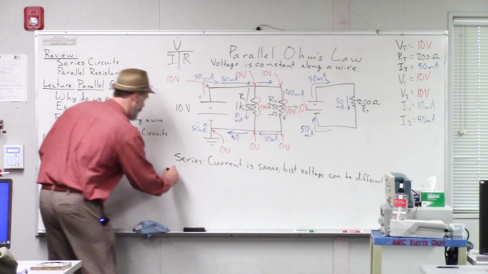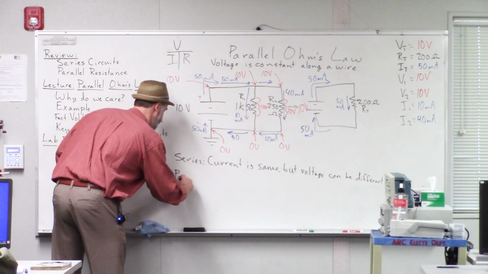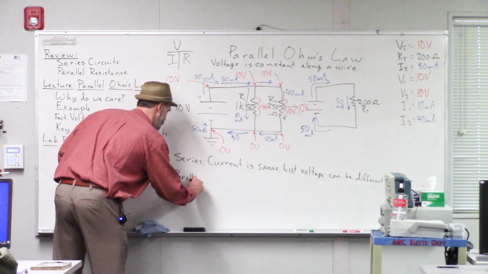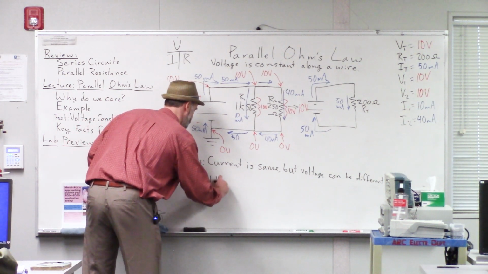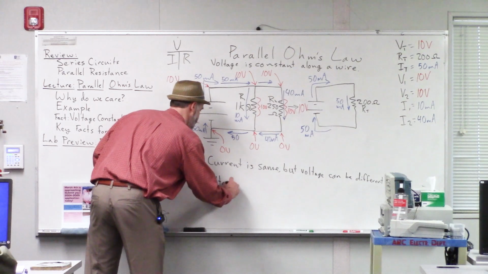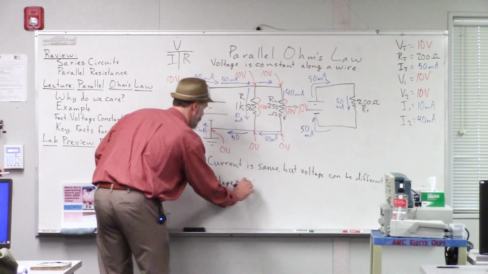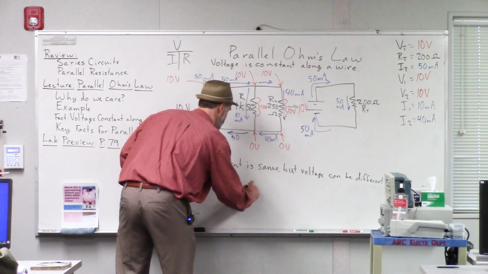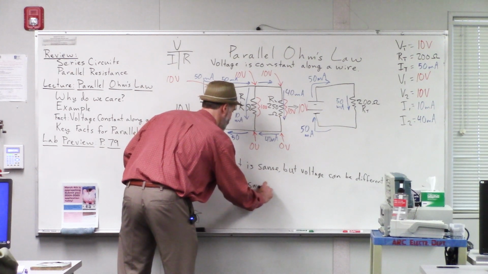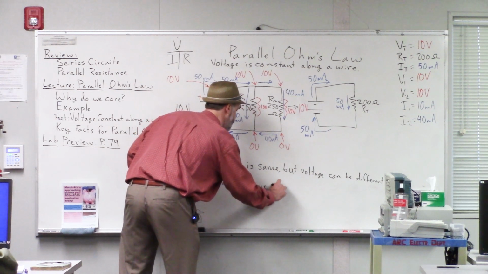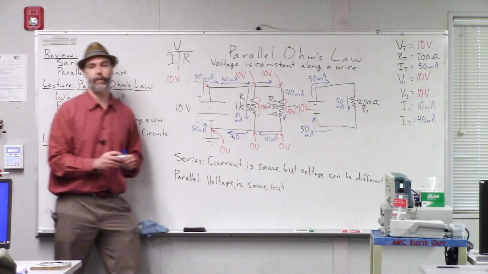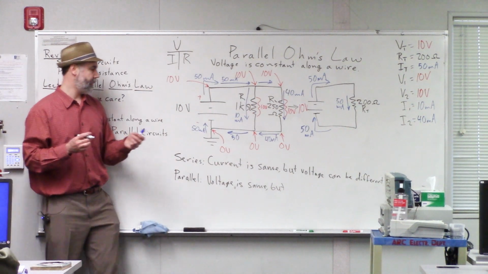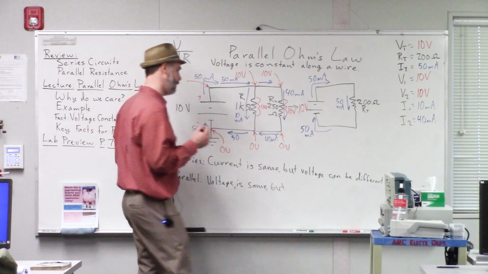So in a parallel circuit, the voltage is the same. But what about the current? Do we have the same current in R1 and R2? No. So yeah, the current can be different.